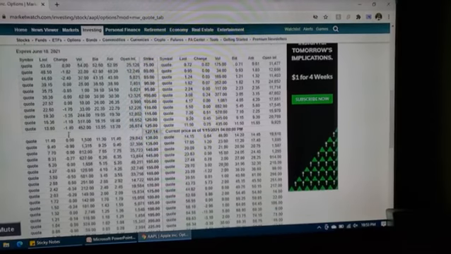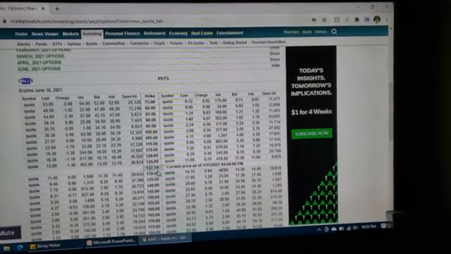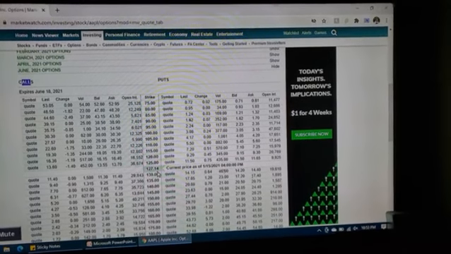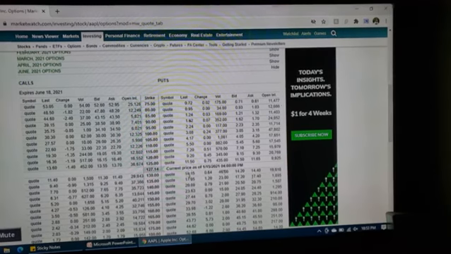On the left side, in the headings, you can see these are the calls, these are the puts, these are the various strike prices. Currently Apple is trading at 127, so anything above 127, like 130, 135, is out of the money for calls and in the money for puts. You can see the last traded price is higher for the puts and in reducing order for the calls.